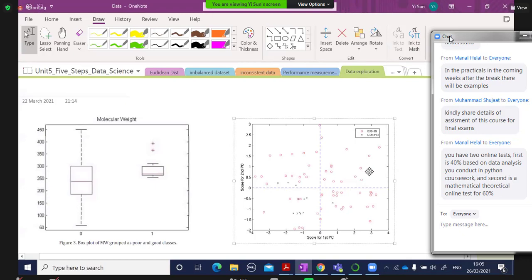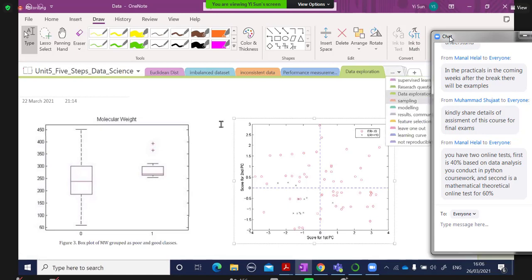And the conclusion is that the 2 classes cannot be distinguished linearly. So it can be a difficult question. And as you can see, this is an imbalanced data set because the majority of data points belong to poor ER chemical compounds. Only a minority belongs to ER greater than or equal to 10.